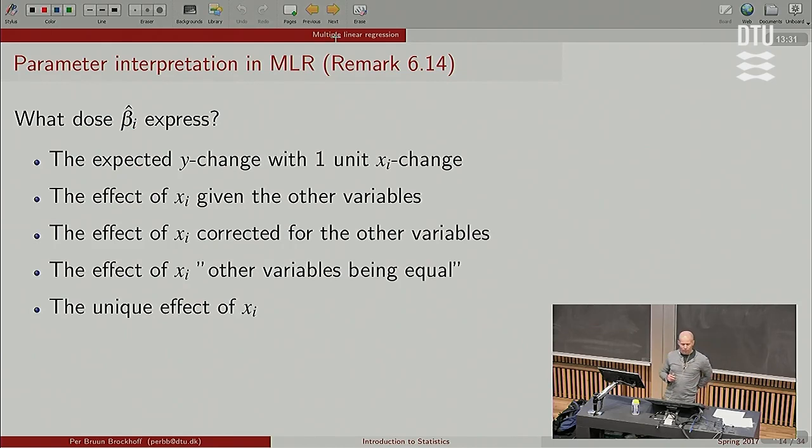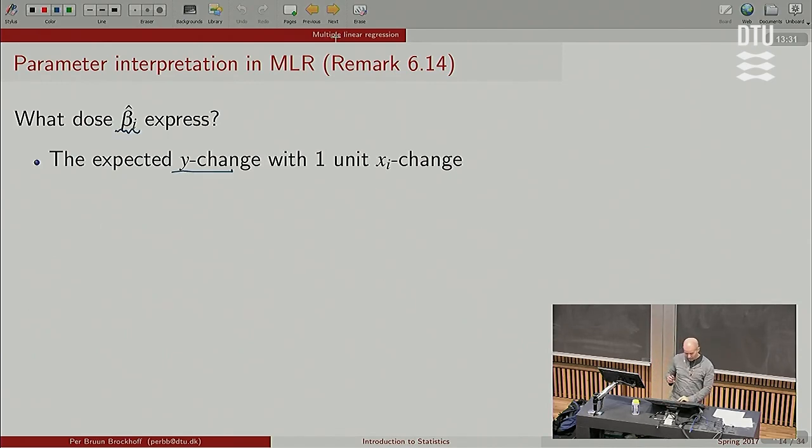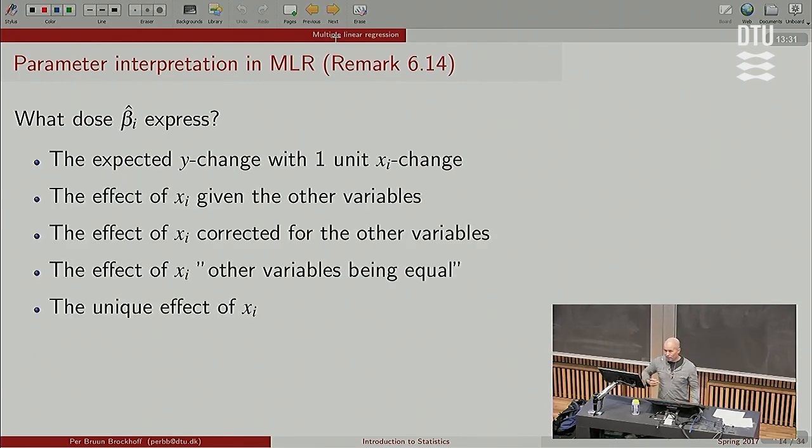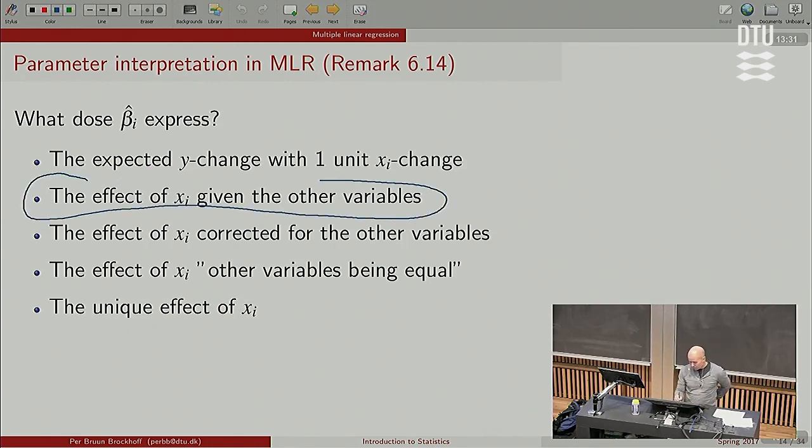And here come 4 sentences that are thought to express the same thing. That's why they came together, and you can pick the one you like better. The new thing is that the betas in an MLR are conditional on the value of the other x's.